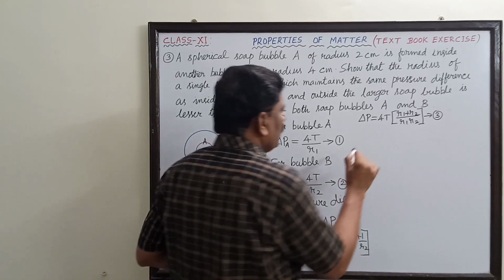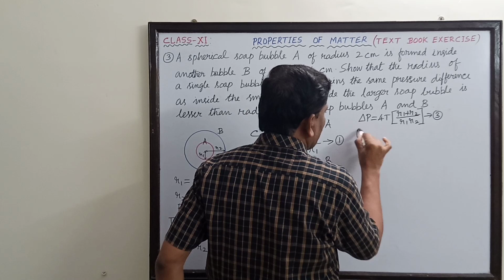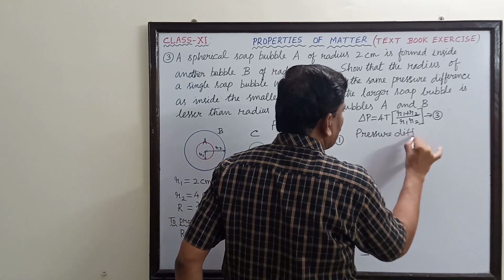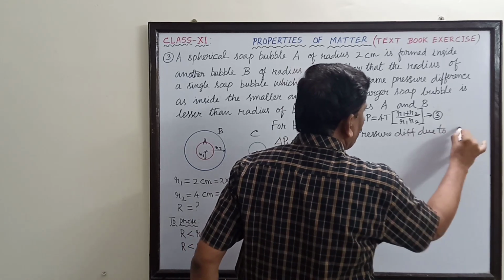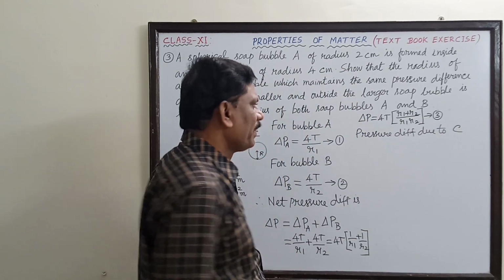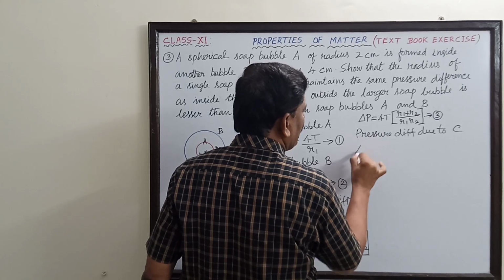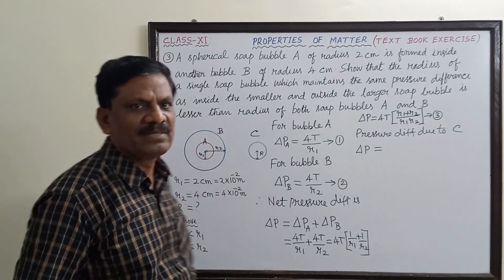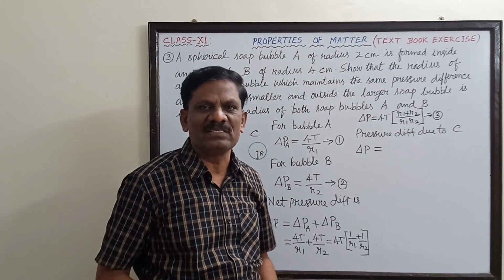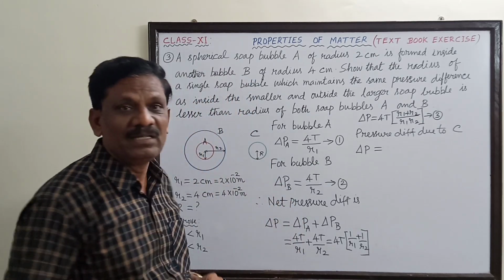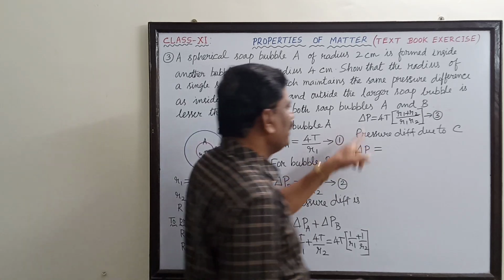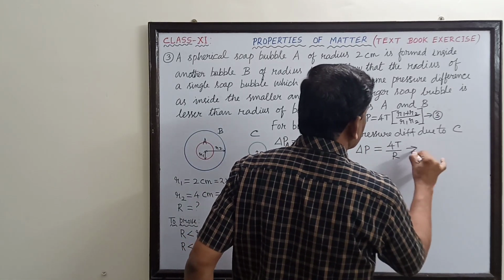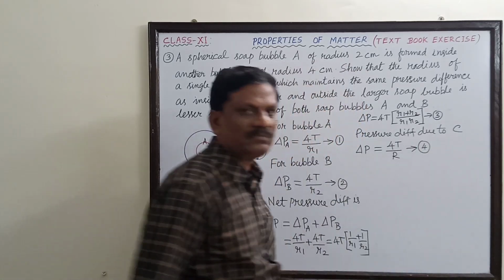To maintain the same pressure difference, the pressure difference due to the bubble C must be delta P only. This third bubble must maintain the same pressure difference as that of the combined bubbles. So delta P must be equal to 4T divided by R. This is equation 4.